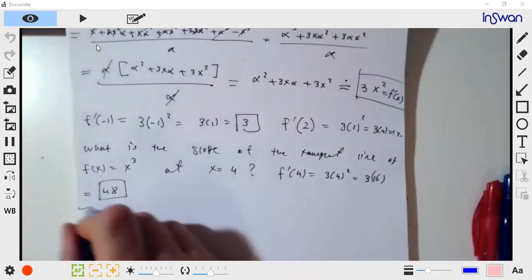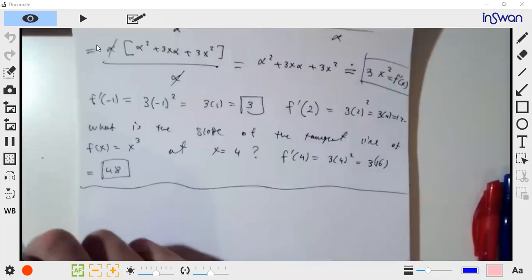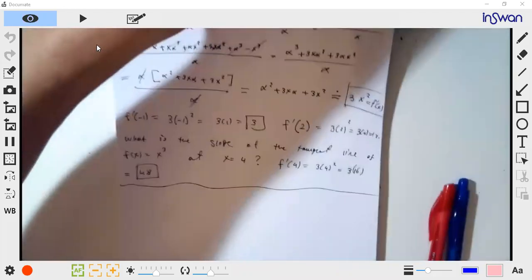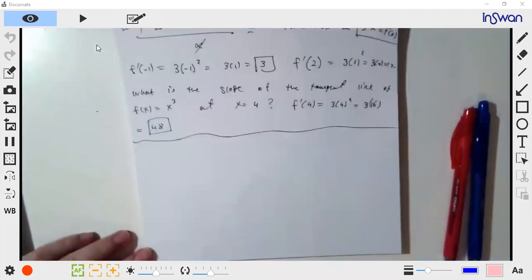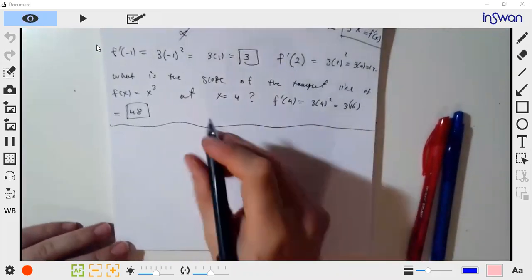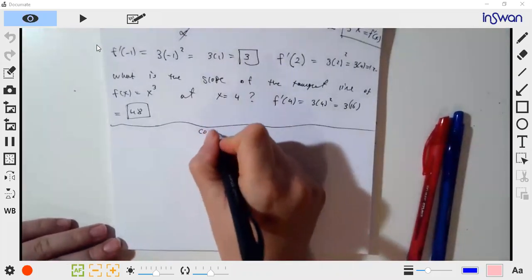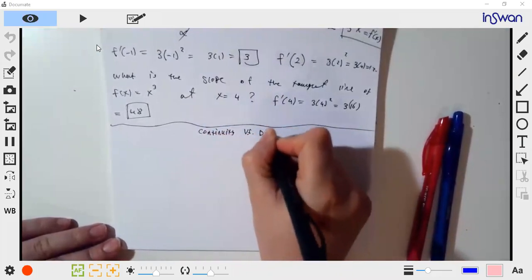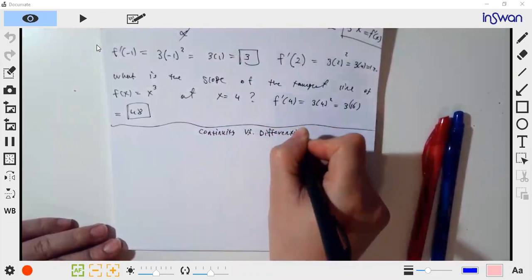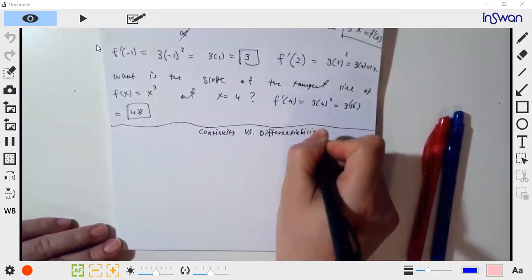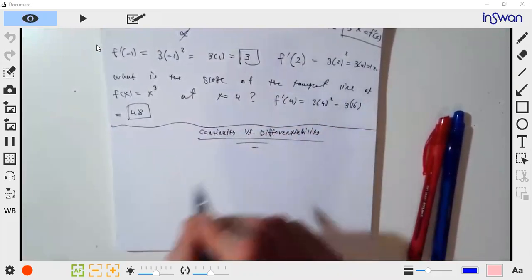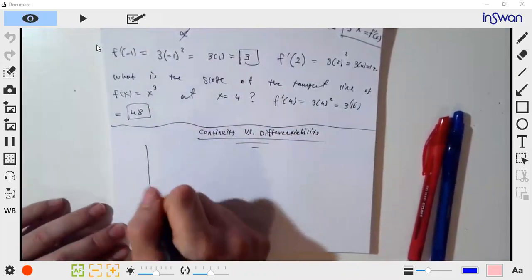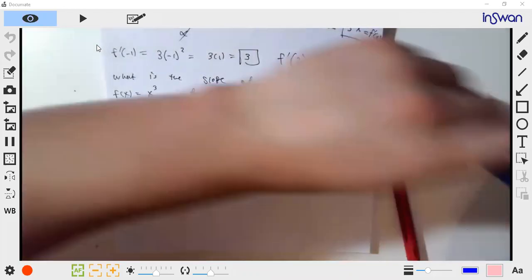Now let's talk about how differentiability interacts with continuity. Okay, let's have some examples here.